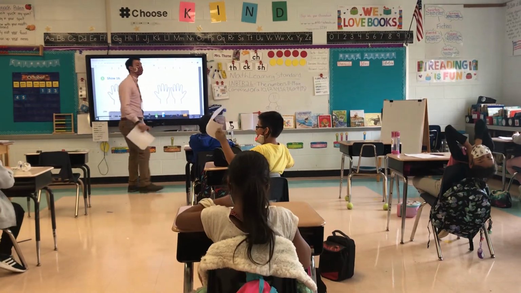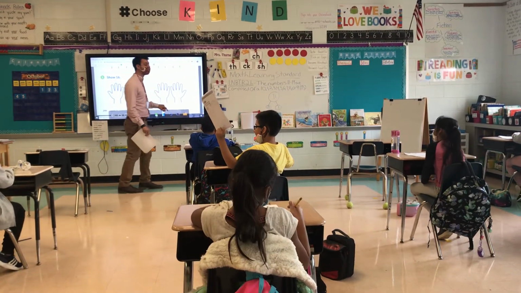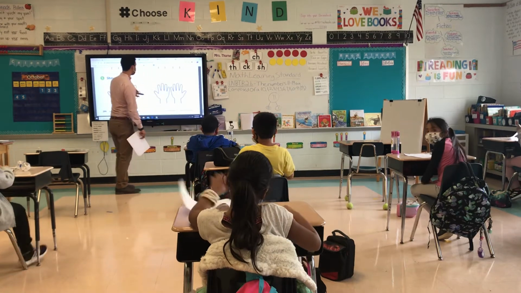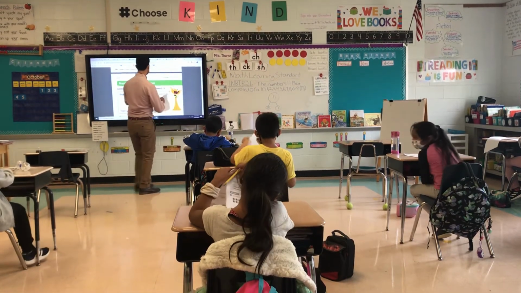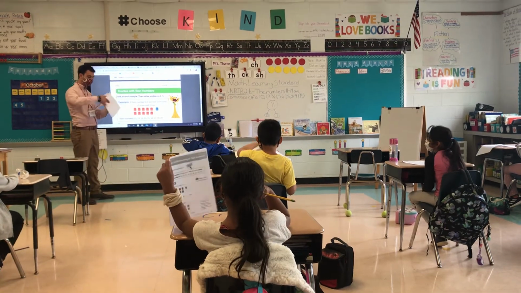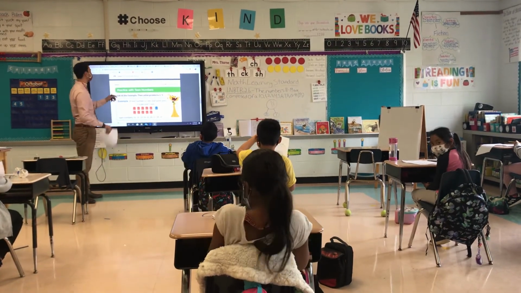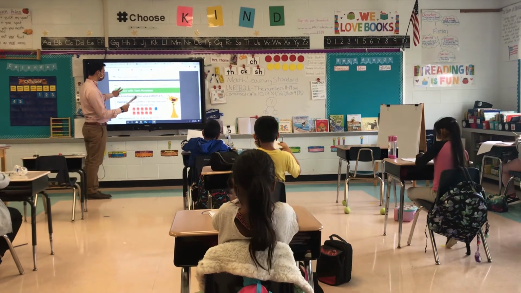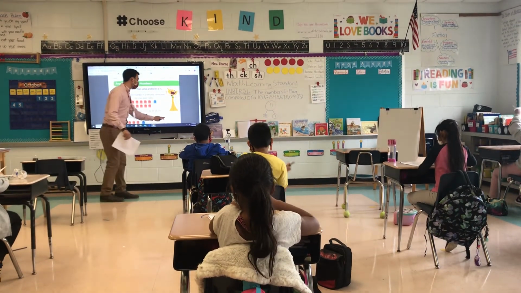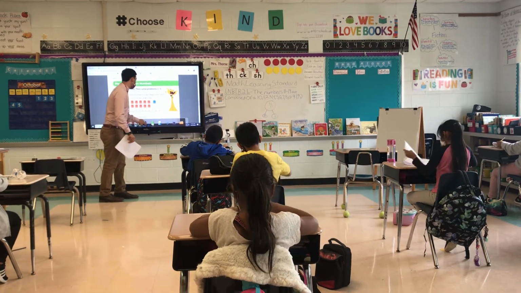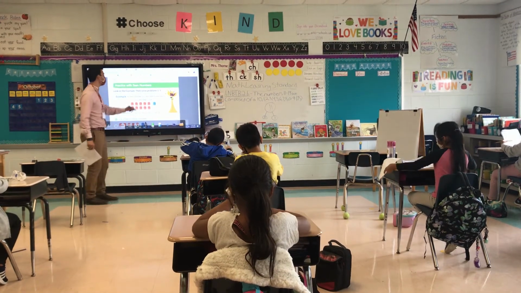All right. This is the last page that we're doing together. Now we're going to understand what teen numbers are. As we've been practicing, we call them 10 to 19 teen numbers.